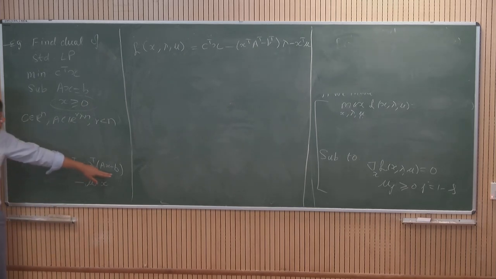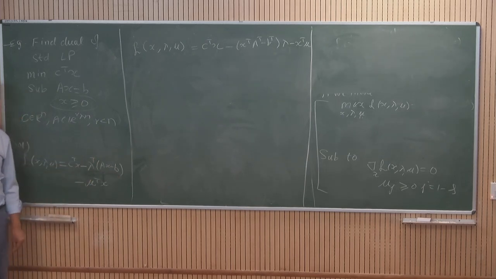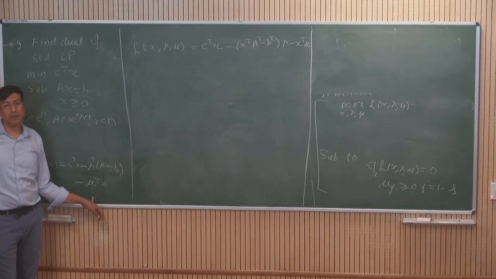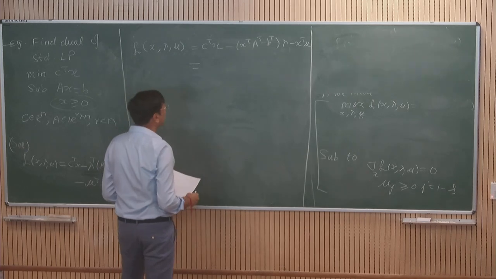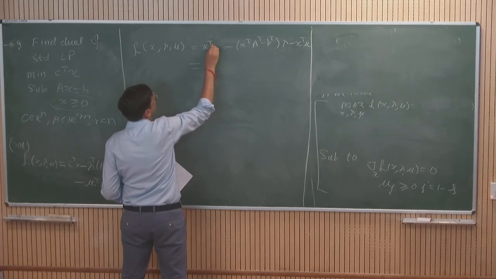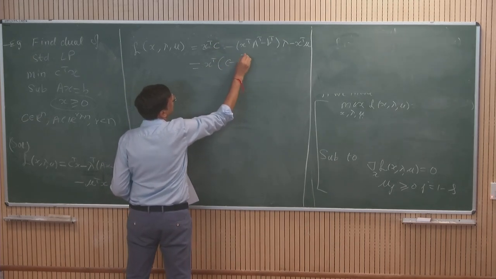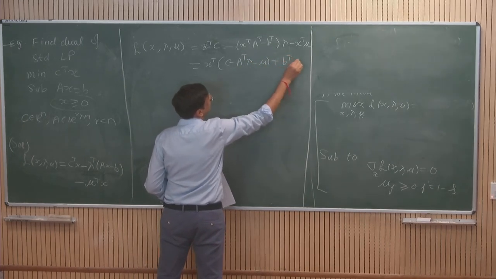When you pull the transpose inside, it will be x transpose A transpose minus b transpose times lambda. Yes? Similarly, instead of mu transpose x, I can write it as x transpose mu. Like Shaurya said, it's a scalar. Correct? Yes or no? So we'll try to pull some elements out. We'll also write this as x transpose c. So now what can I pull? x transpose. So this will be c minus A transpose lambda minus mu, plus b transpose lambda.